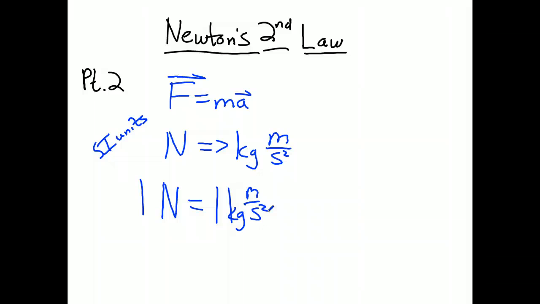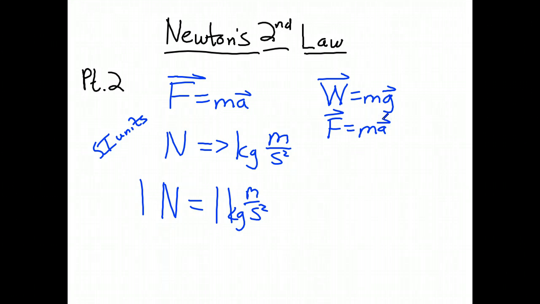I also want to compare that to another equation, weight equals mass times gravity. That's something you may have seen before, and I may have mentioned in part 1, but I can't remember if I did or not. If you were to pair these up, F equals ma and W equals mg, it is the same equation.